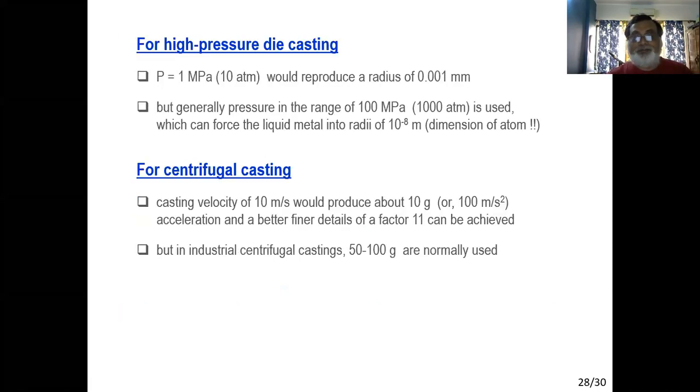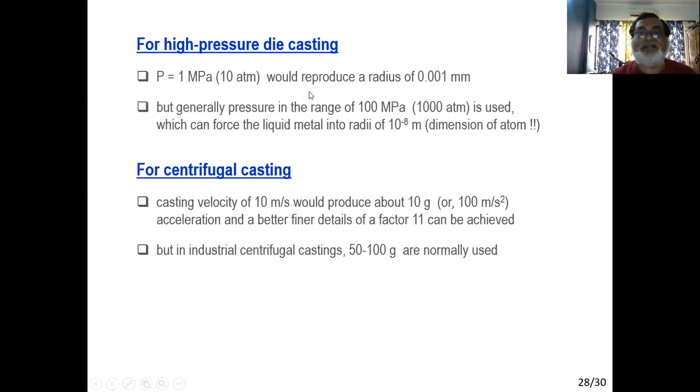In short, if the section is thinner, surface tension will be experienced, and it will tend to prevent the liquid metal from entering the mold. Because of that, we need external pressure to force the liquid metal into the mold cavity. Usually this is done in two ways. One is called high pressure die casting, that means we are forcing the liquid metal into the mold.